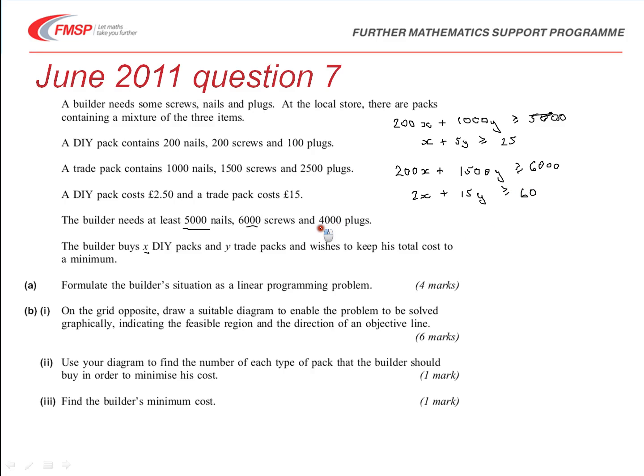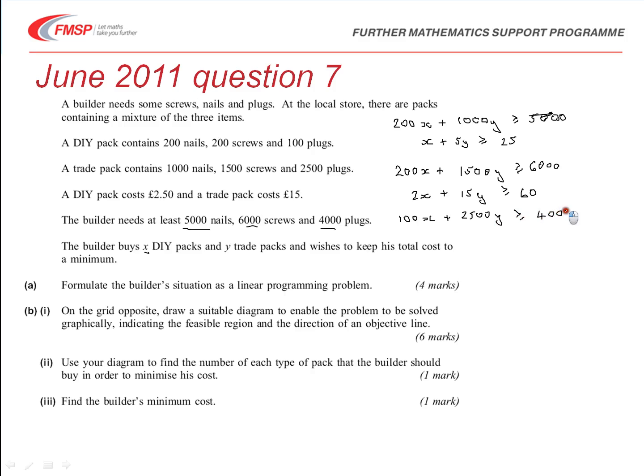Finally, we've got the inequality for the 4000 plugs, so 100 are in the DIY pack, so that's 100X plus 2500 this time, lots of Y, and that must be greater than or equal to 4000.